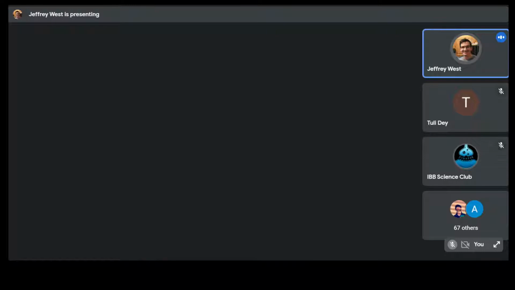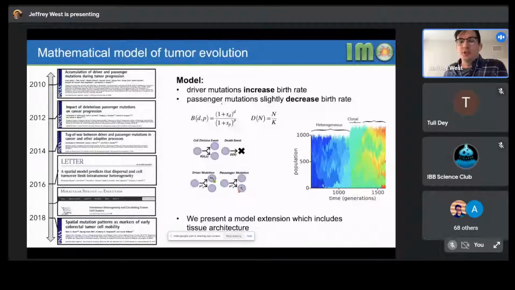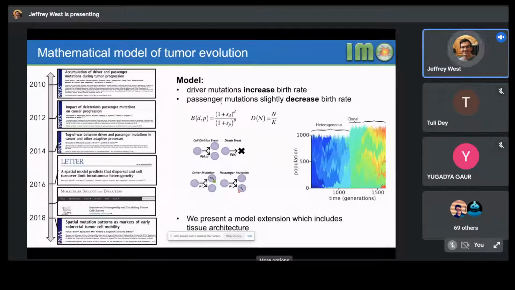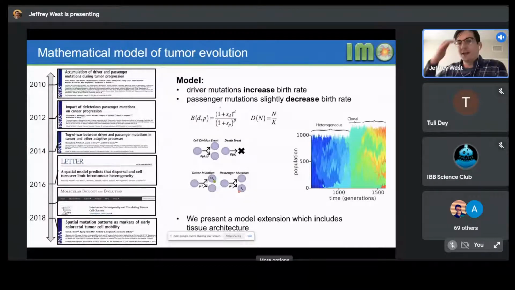So why would a cancer cell have a passenger mutation that's slightly deleterious? Well, it's because passengers are carried along by drivers. The drivers are the drivers of evolution, and they may carry along these passenger mutations along the way, even though they may be slightly deleterious in a Darwinian fitness sense.